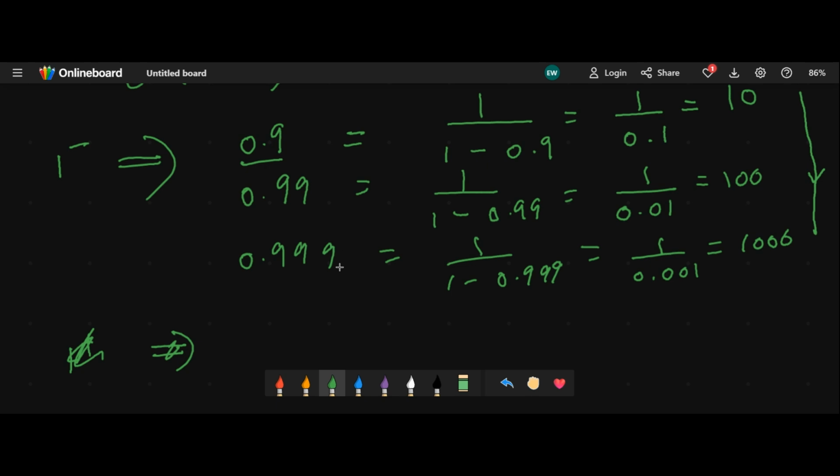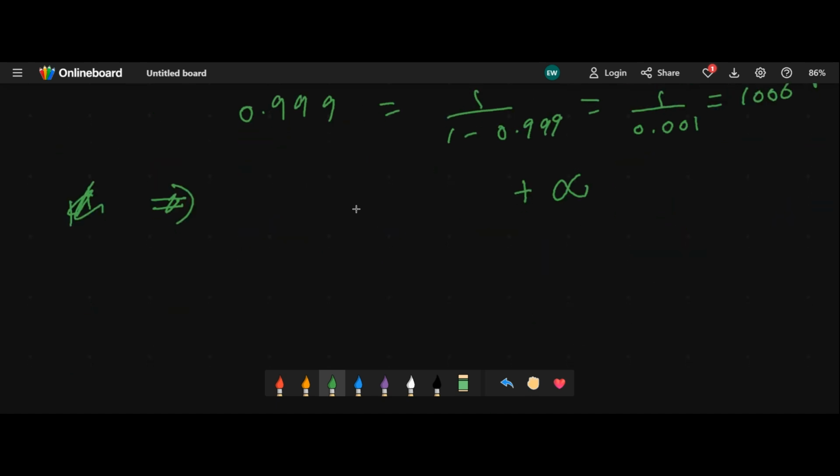So when you get even closer to 1, it is getting larger and larger, 10, 100, 1,000, 10,000, 1 lakh, and as you get very closer to 1, it will eventually get even larger and it will reach infinity, plus infinity.